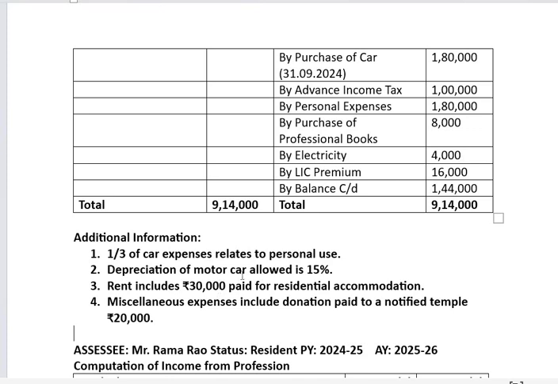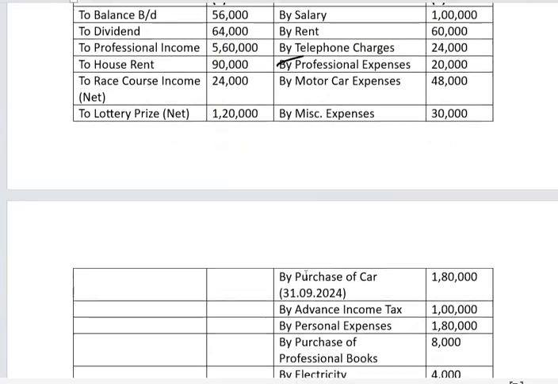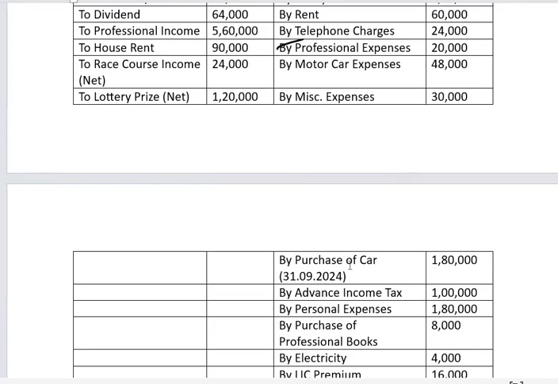Next is depreciation of motor car is allowed at 15%. The motor car was purchased on 31/9/2024. So here we have to check whether he has used the car for more than 180 days in the previous year.